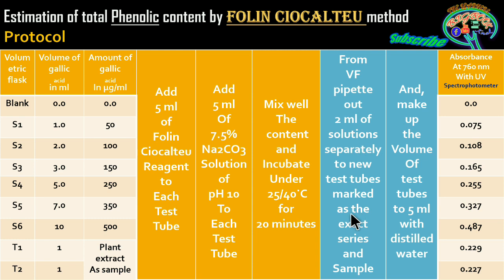You have to be very careful during this transfer of 2 ml from each volumetric flask to the new container, the test tubes: you have to use separate pipettes or separate micro tips for your micro pipettes.